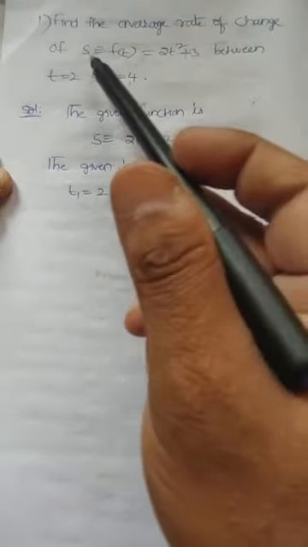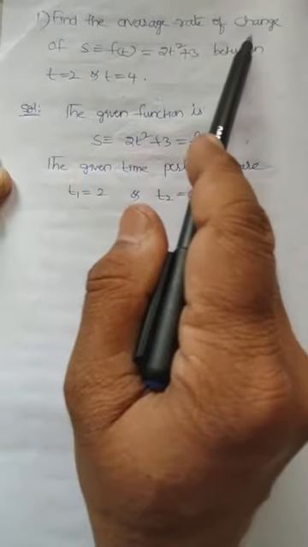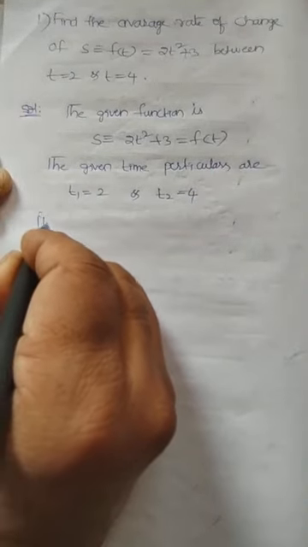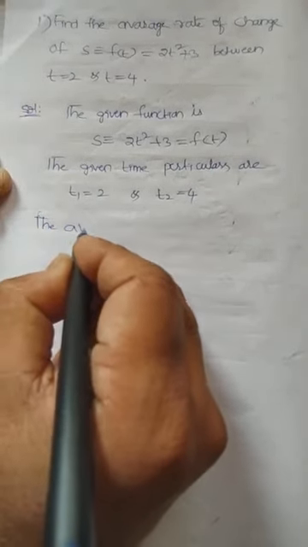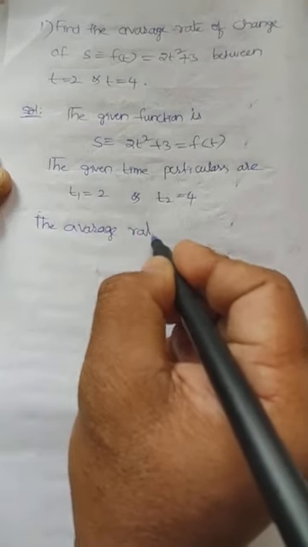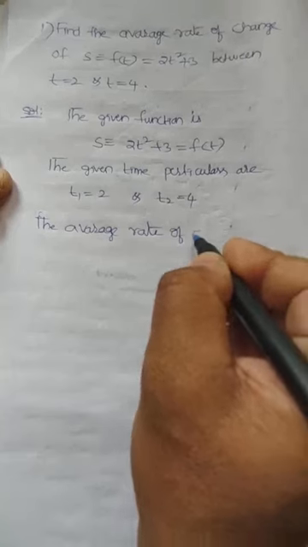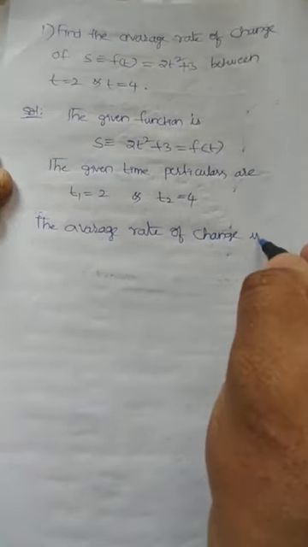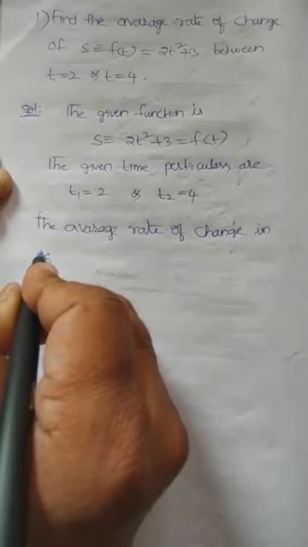As no units are mentioned for s and t, I am not going to mention them here either. Now we have to find the average rate of change in the displacement s.